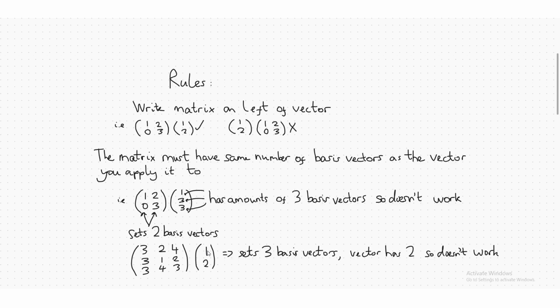Now, an easy way to remember this is the amount of basis vectors our matrix has is simply the number of columns it has. The amount of basis vectors our vector has is equal to the amount of rows. So for you to be able to apply a matrix to a vector, the amount of columns in the matrix has to be equal to the number of rows in the vector. So for example, in this instance, the matrix has 2 columns, the vector has 2 rows, so it's good to go.